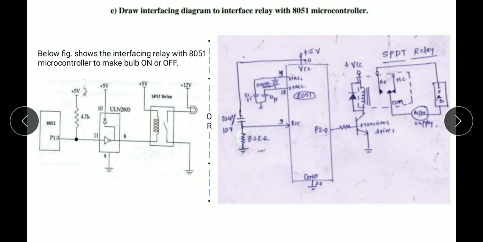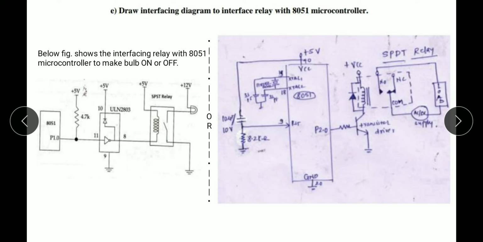This is connected to an LED, and this is a bulb also. It is connected to a 12 volt bulb. After that is the microcontroller, and one pin, port 1.0, is connected to this driver pin, and after that is the relay.